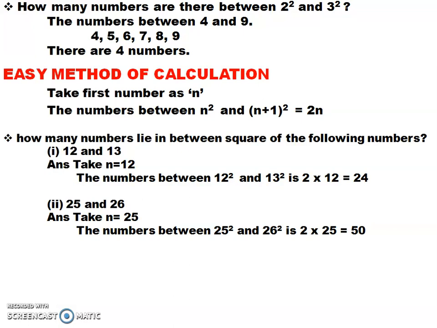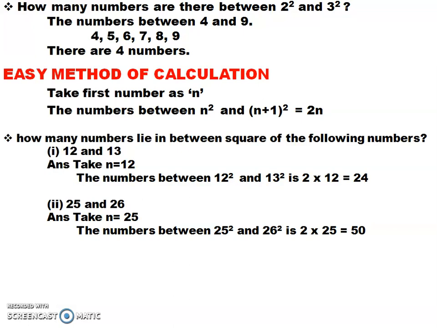You can calculate: 12 square is 144 and 13 square is 169. Between 144 and 169, you will have 24 numbers, starting from 145 and ending at 168.